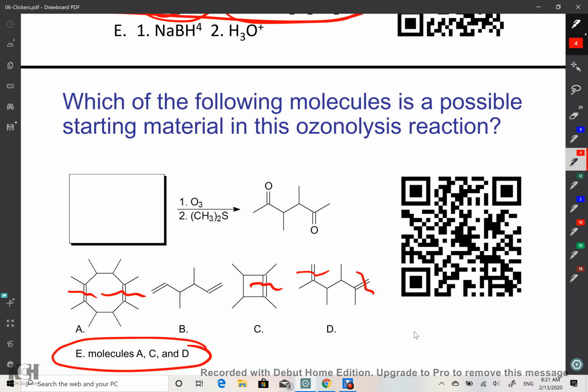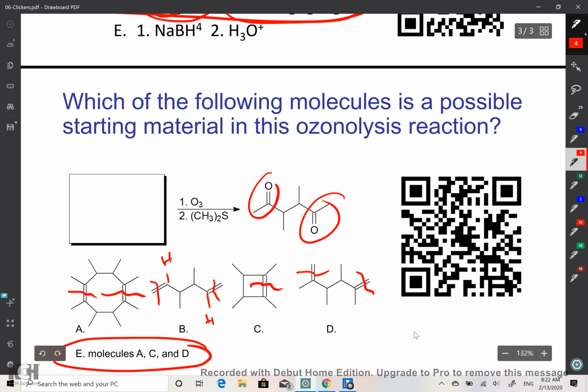B will not work because B will give you aldehydes. Look at B very well. This is a diketone. With B, you have hydrogens here, so if you split B you will instead have something like this with the hydrogen there.